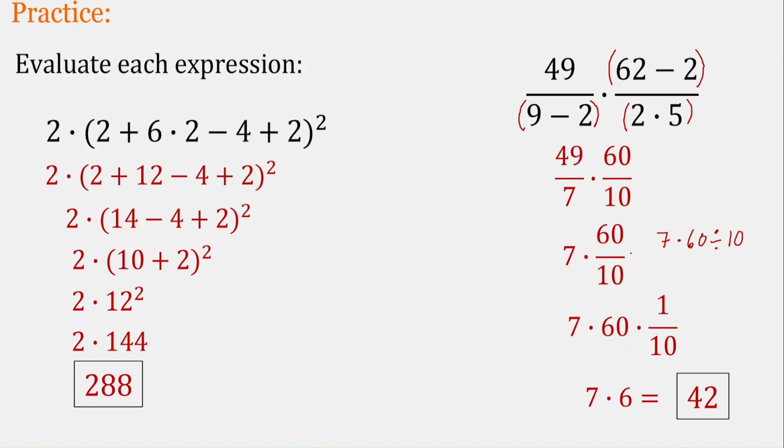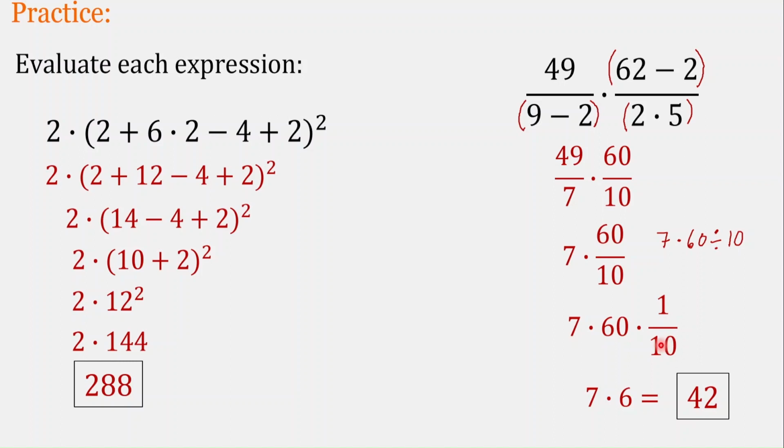But we are able to evaluate this in a different way. Division is multiplication by the reciprocal. So instead of writing 60 divided by 10, we can instead say 60 times 1 over 10. The reciprocal of 10 is 1 over 10. So now we have 7 times 60 times 1 over 10.